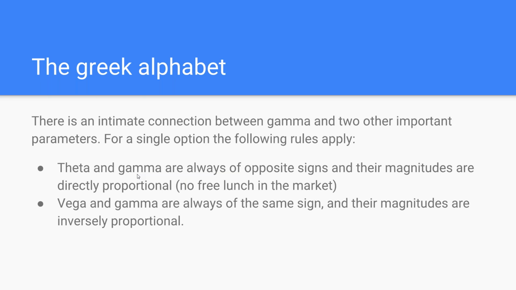But their magnitudes are inversely proportional. I mean, there is never a free lunch, no? So if you have a high gamma, you have a low vega. There is never something like, oh, I want a high vega, high gamma. No, if you get tremendously high gamma, you have almost no vega, and vice versa. If you have incredibly high vega, you have almost no gamma.